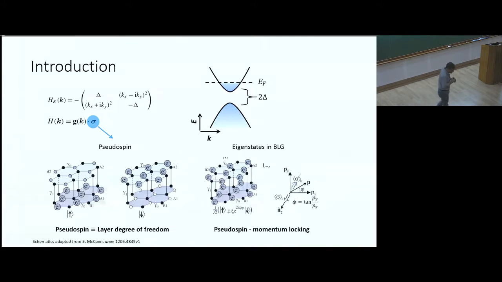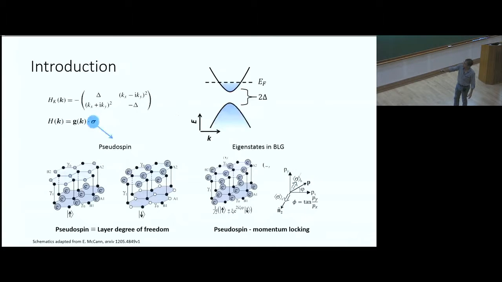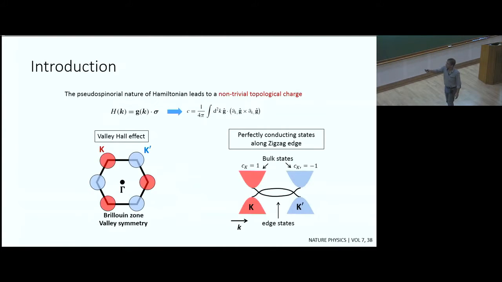The physics is qualitatively, at that level, similar to what single layer graphene would be, and leads to behavior similar to topological insulators: pseudospin momentum locking, and a similar kind of topological charge that you would see in topological insulators.